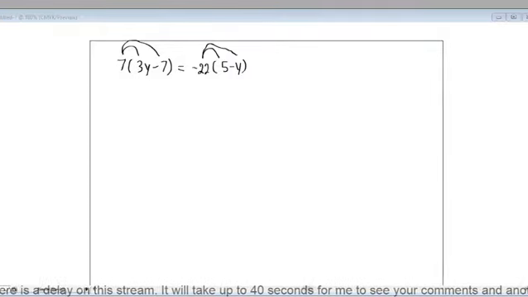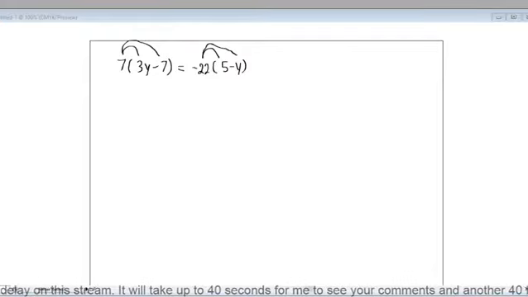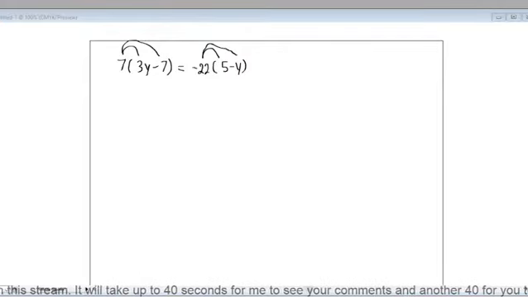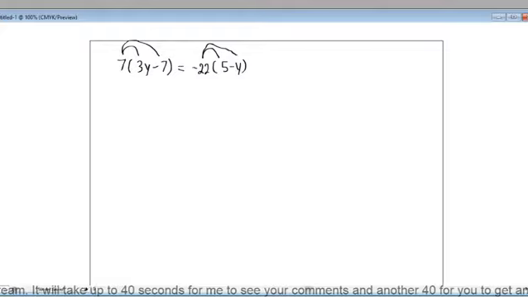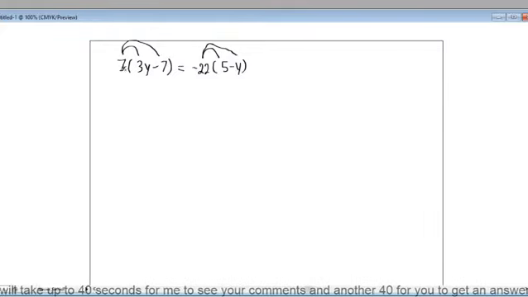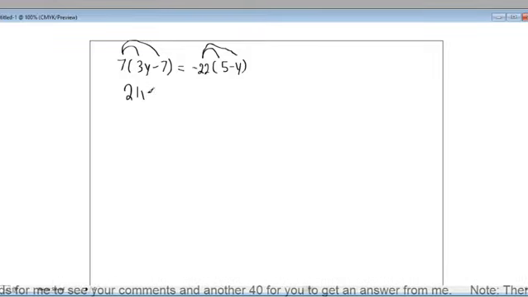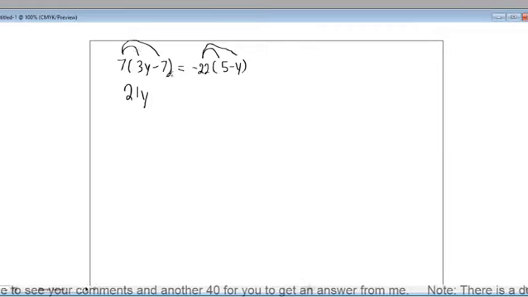Okay? So the 7 times 3y is going to give us 21y. 7 times negative 7 is negative 49.